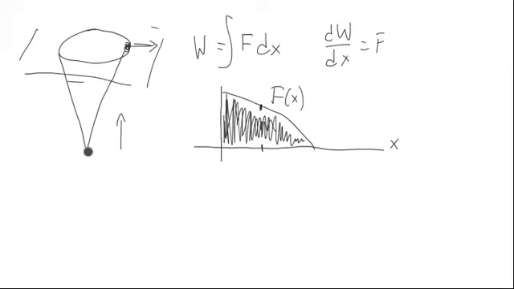So if we do that, we can think of just lifting this cone up, with the bottom of the cone being at different positions. So maybe starting at position 0, maybe later on it'll be at a different position right here, at position X. Notice the amount of work required to lift this cone at any one point is the weight.